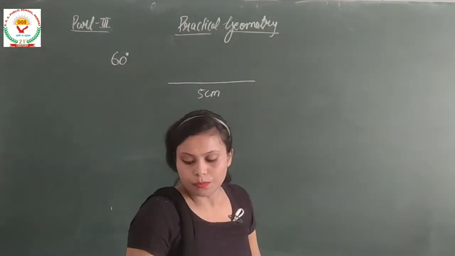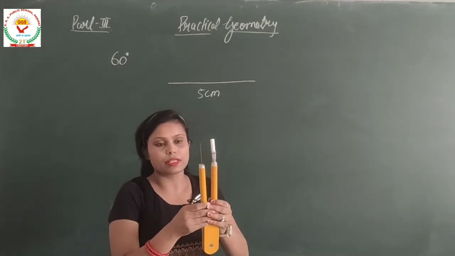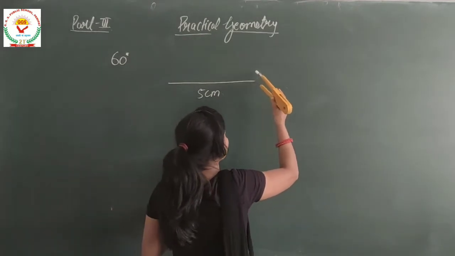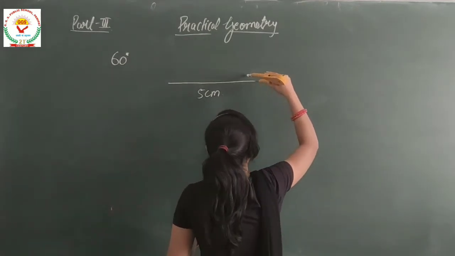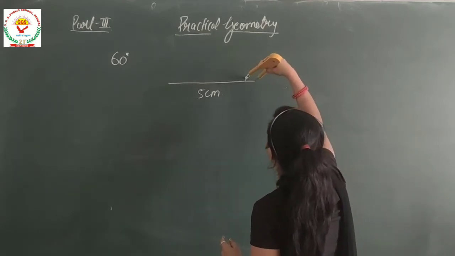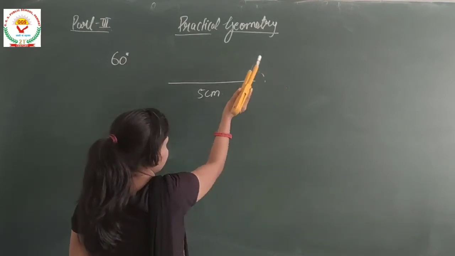So what will I do? I will open my compass a little and keep my needle at the end of the line segment. Now I will draw an arc like this.